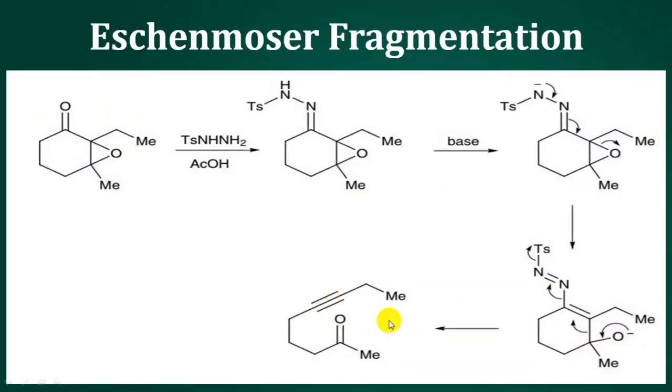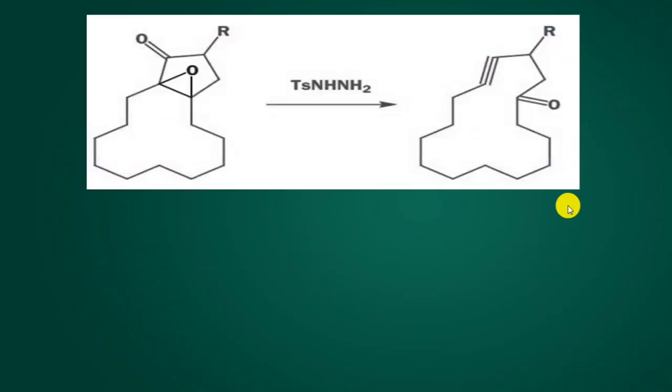So it is once again similar to the Shapiro reaction, but here we are using only one base, and the starting material is just like this, there is a ketone, and at the alpha and beta position there is an epoxide ring. So here are some other examples of Eschenmoser fragmentation.